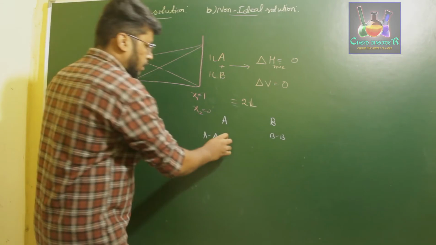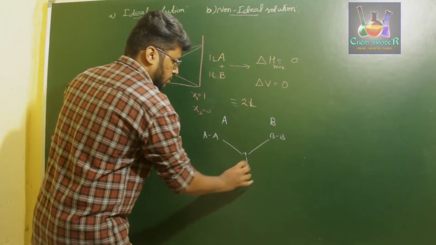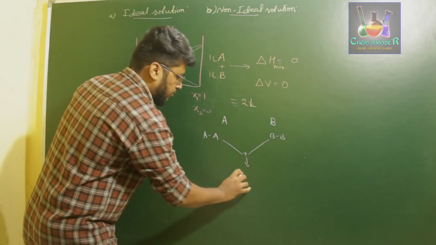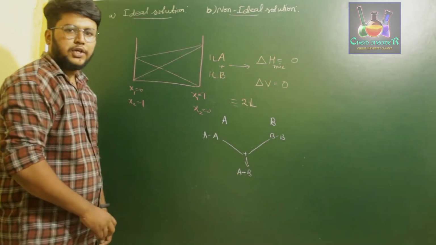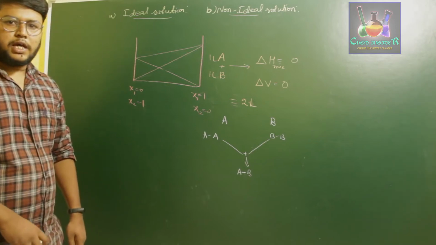Once you combine these two, you obtain a different type of interaction, that is A with B, which is known as AB interaction.